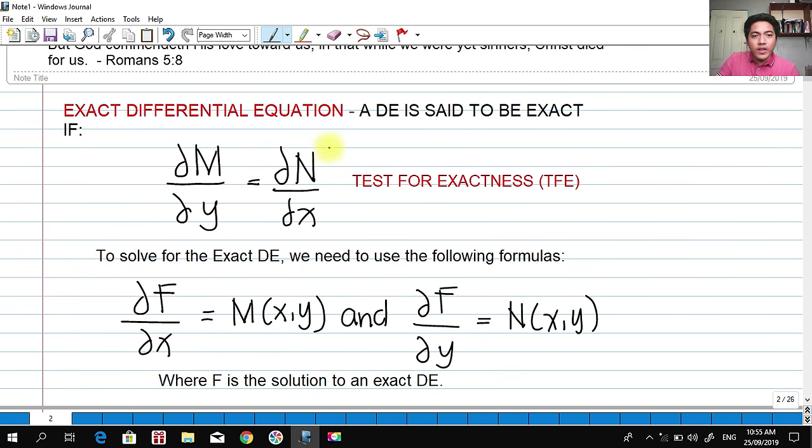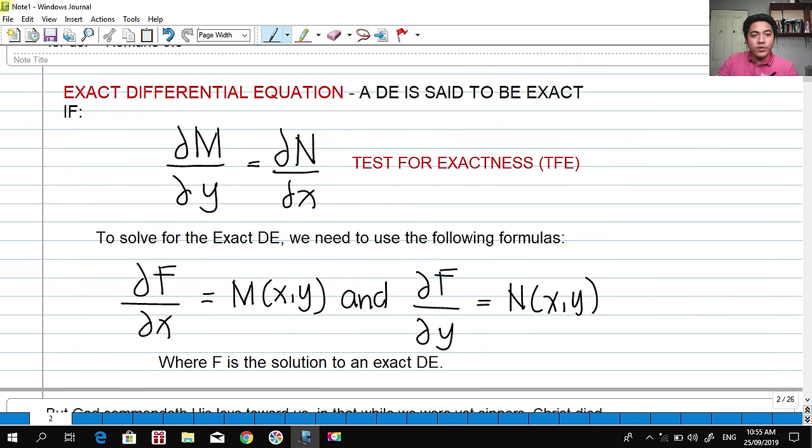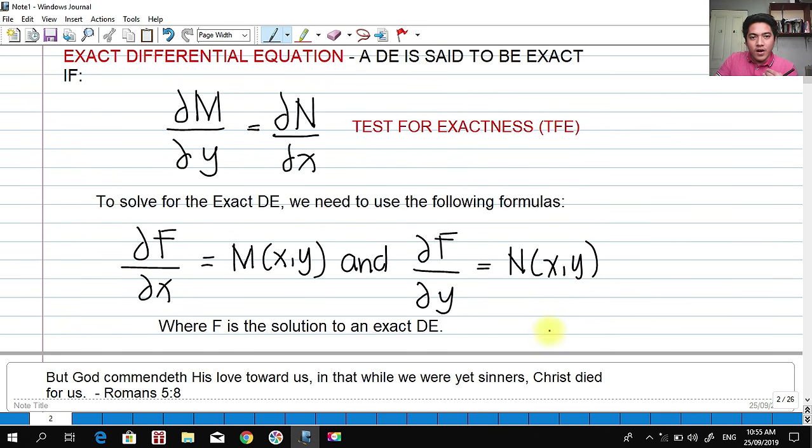And if we computed this to be equal in our DE, then to solve the exact DE, we must be using these formulas. The partial derivative of f with respect to x is equal to M, the function of x and y, and the partial derivative of f with respect to y is equal to N, where f is the solution to an exact DE.